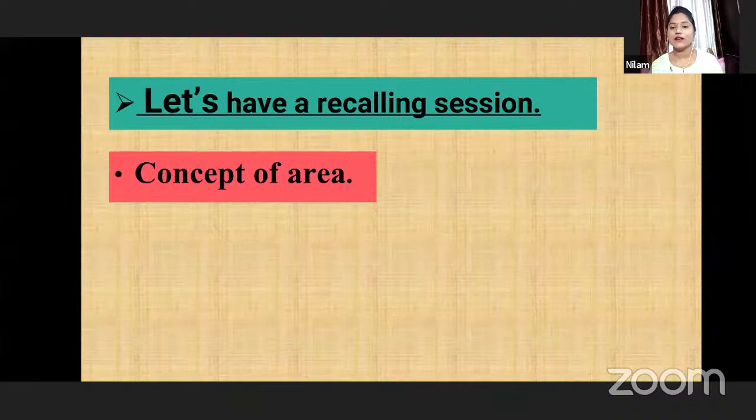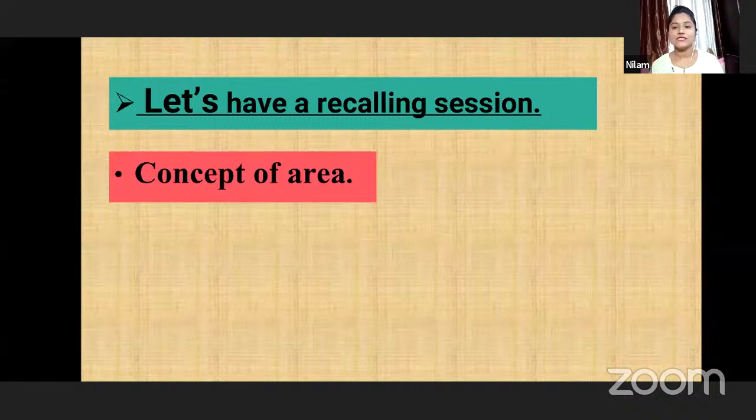Yes, Isha, you can say. What is an area? Area is an extent of a two-dimensional figure.